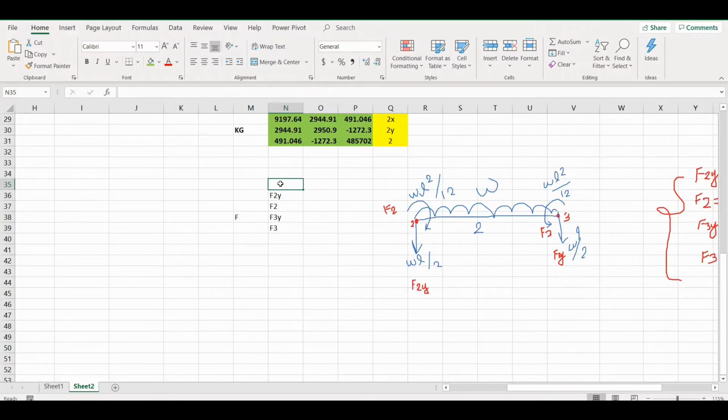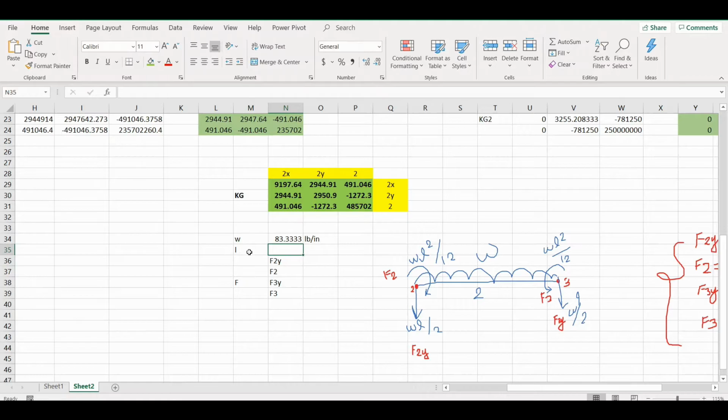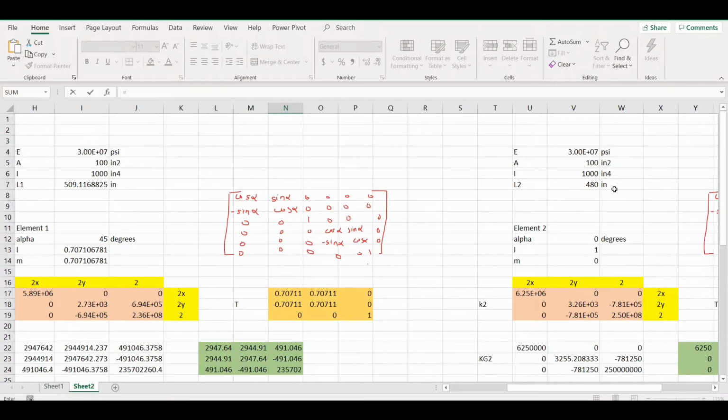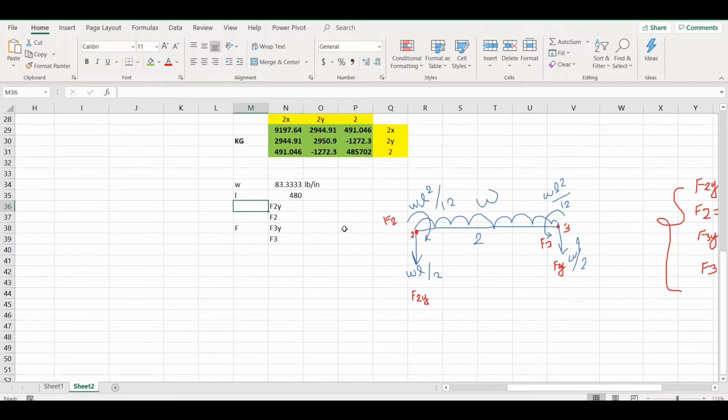And our omega is 1000 per feet. So we can divide this by 12 to find pounds per inch. And we have length here, which equals 480 inches.